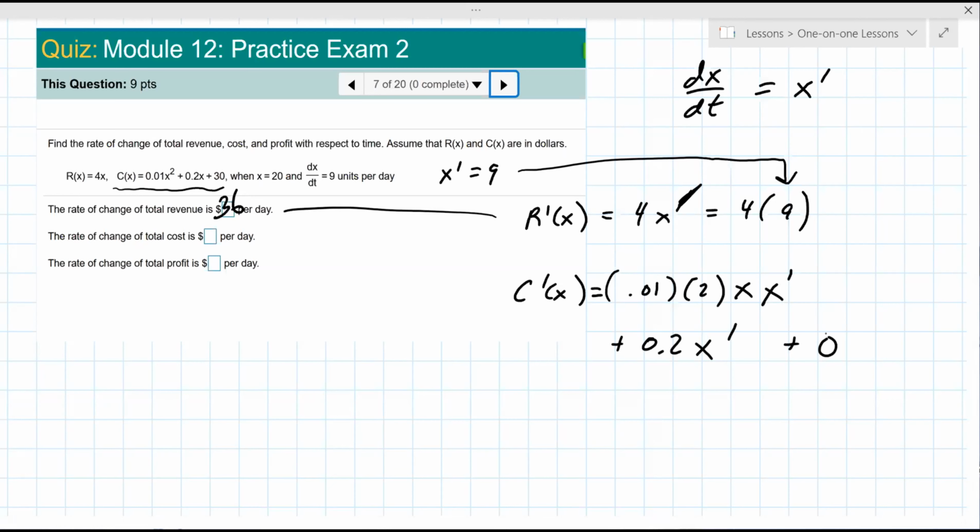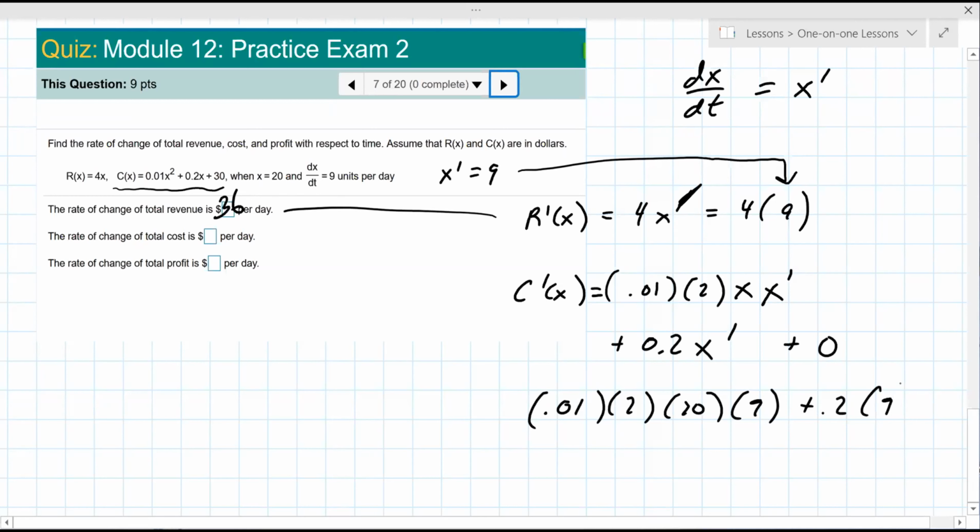So then you would just start plugging in. So x is 20, x prime is 9, plus 0.2 times x prime is 9, and you get a number out of all this. I'll probably have to grab a calculator for that. I get 5.4. Yep.